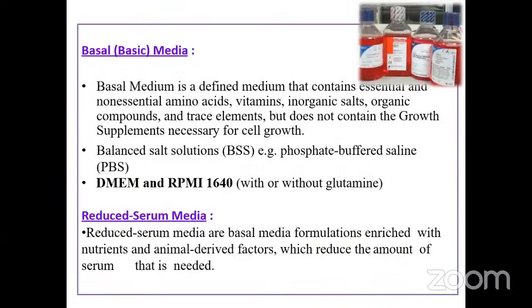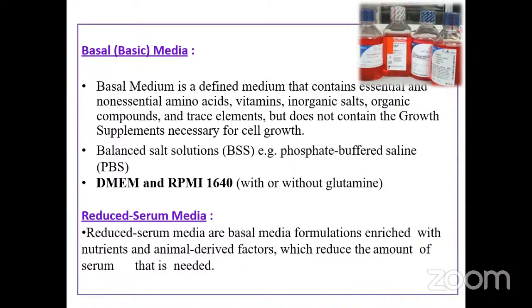So what is basal media? Basal media is a defined medium that contains essential and non-essential amino acids, vitamins, inorganic salts, organic compounds, trace elements, but they do not contain any growth supplements. The examples are balanced salt solutions like phosphate buffered saline, PBS, which is very commonly used in the lab. Then DMEM, Dulbecco's modified essential medium, and RPMI 1640.